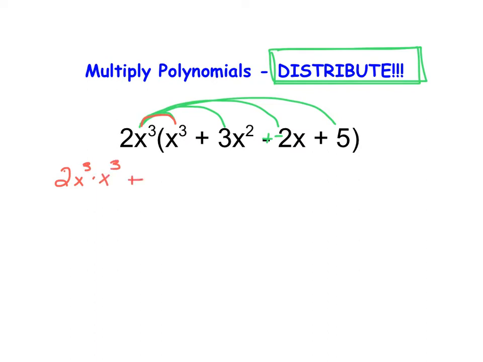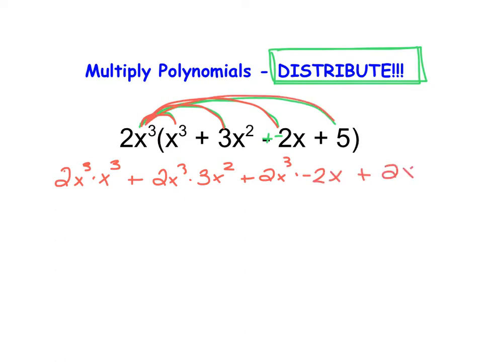Then we have 2x cubed times 3x squared. And then we have 2x cubed times a negative 2x. And then we add that together with 2x cubed times 5.